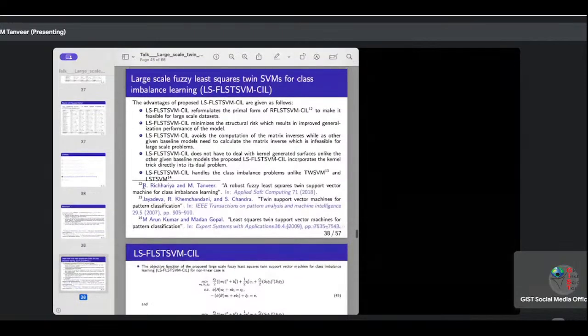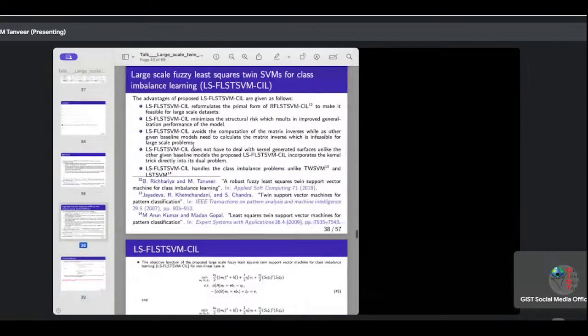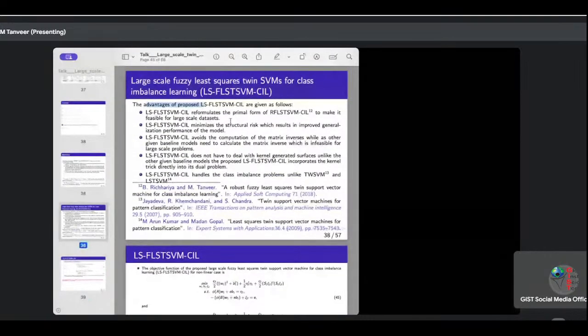More detail can be found here. So, the advantages: first, we reformulate the primal of this paper in such a way that it is suitable for larger scale data.